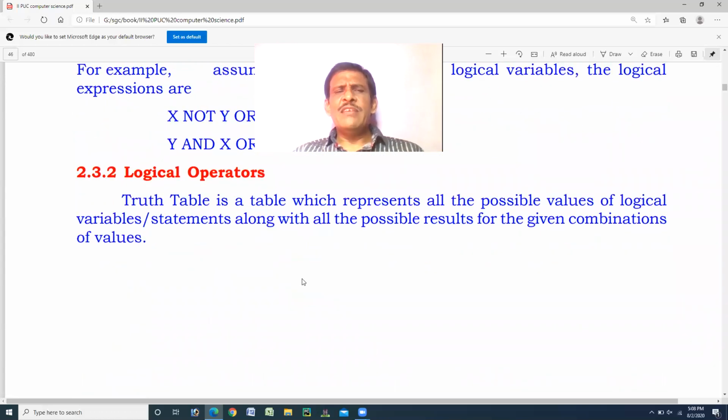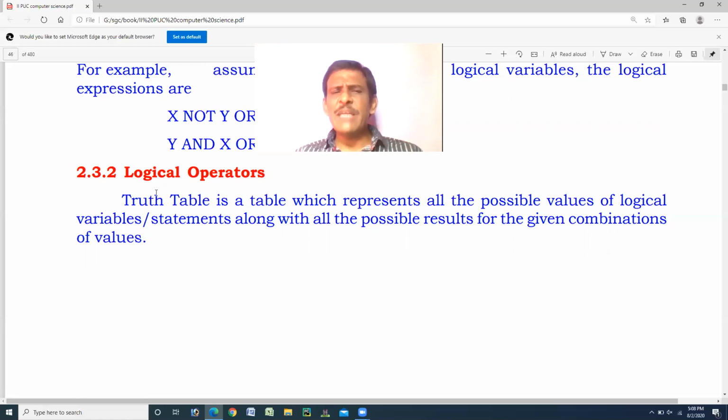Then we start with the logical operators. A truth table is a table which represents all the possible values of logical variables or statements along with all the possible results for the given combination of values. So what is a truth table?